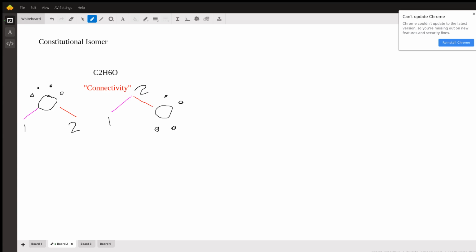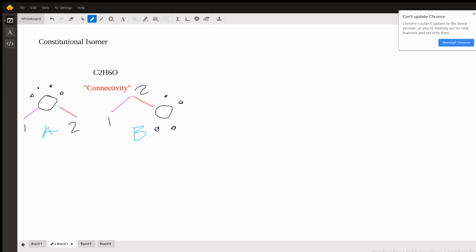All right, so we have a constitutional isomer. It's pretty simple. It has the same formula. For instance, we have these two different compounds, compound A and compound B. Between the two, they have the same formula, as you can see: two carbons, one red and one purple. To the left, you have a compound called dimethyl ether, but to the right you have ethanol.